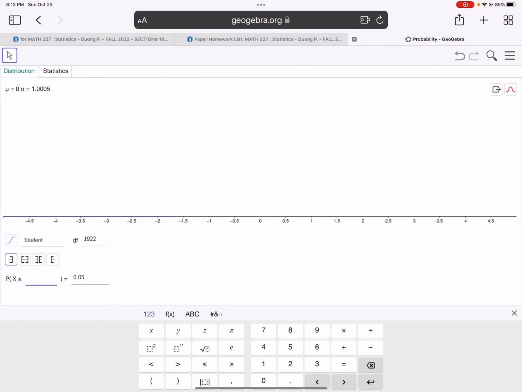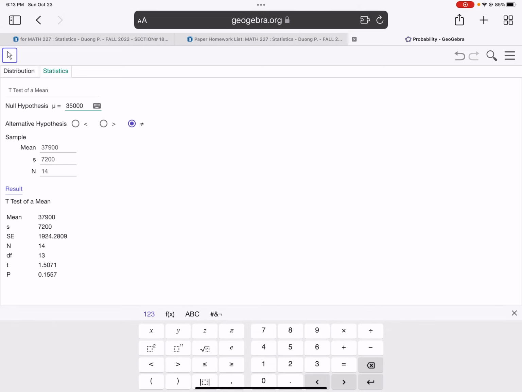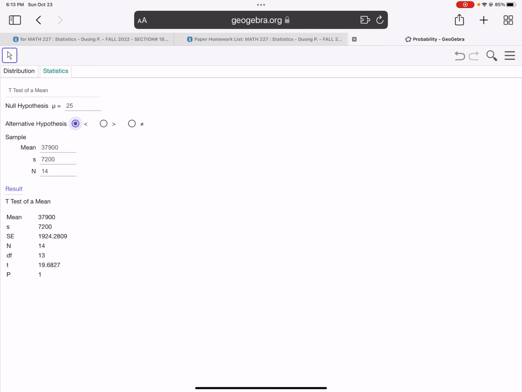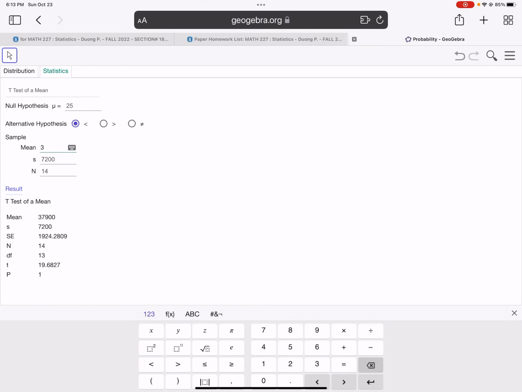Now we go to GeoGebra, and we will enter the mean, which in our problem is 25. We use less than for the alternative hypothesis.